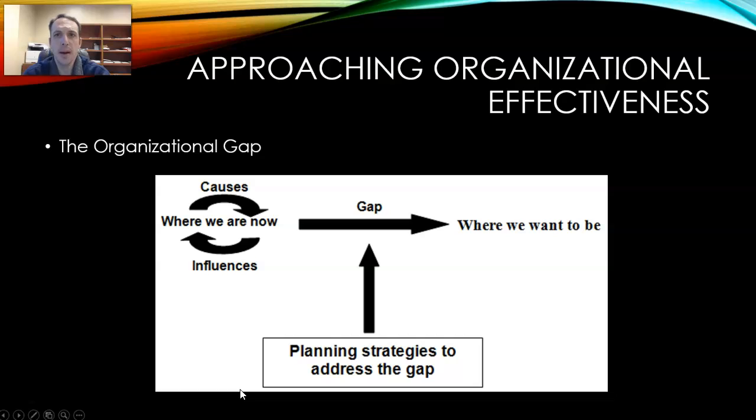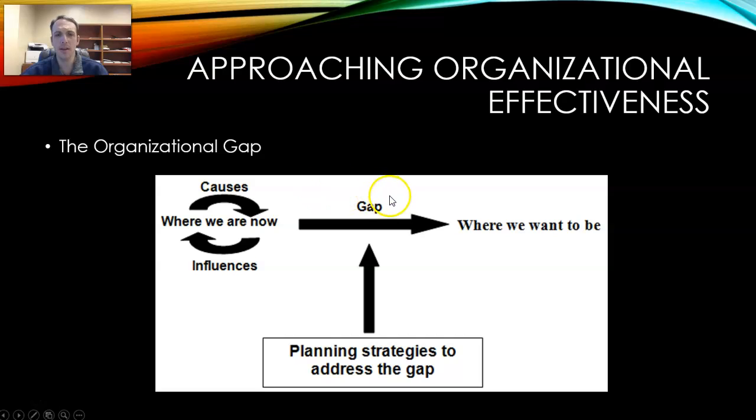So when we talk about organizational effectiveness and all of these sorts of things, really what we're looking at is trying to address this organizational gap. We have where we are now, and we need to evaluate that for different causes and influences and what's creating this situation. But then we need to also dream about where we want to be.